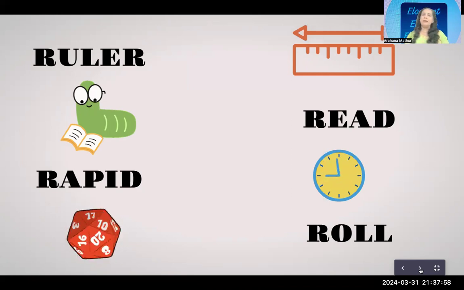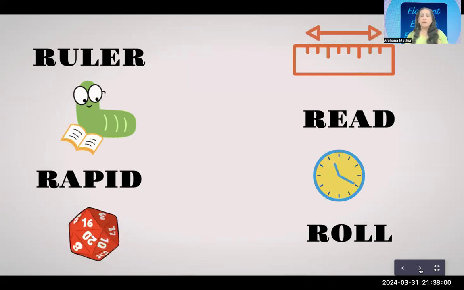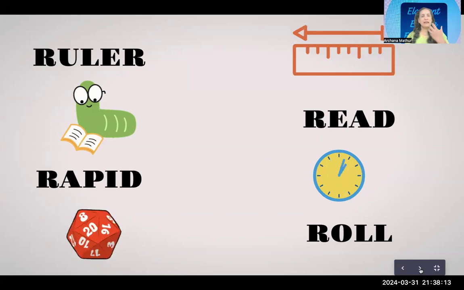Ruler, read, rapid are simple pronunciations. But when I was at school, our elocution teacher, who used to be a nun, a sister, would tell us, roll your tongue. So we would roll our tongues inside the mouth to pronounce the word roll.